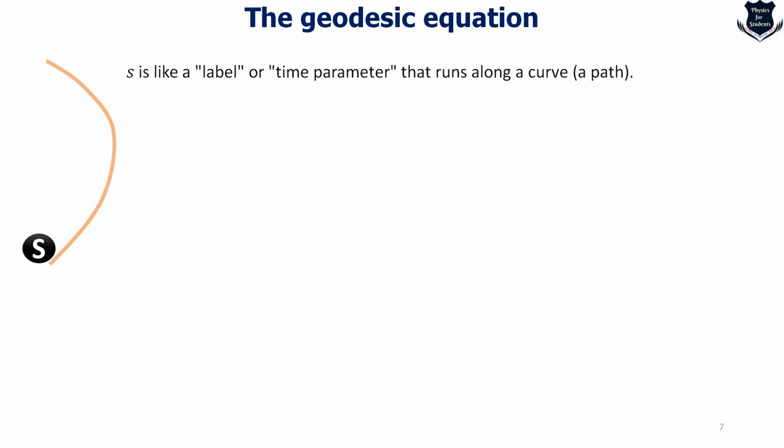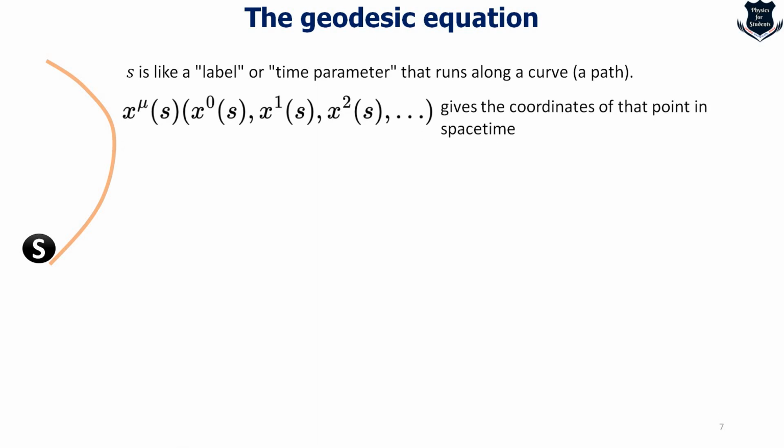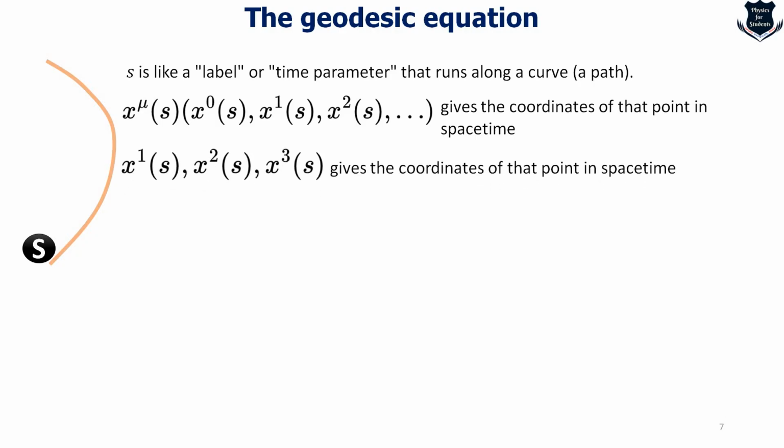S is like a label or a time parameter that moves along this curved path. If I now define the parameters x mu as x0, x1, x2, it gives the coordinate where you are, either at the x0 point or the x1 point. Similarly, I can take x1, x2, x3 and so on. It also gives the coordinate of the parameter.